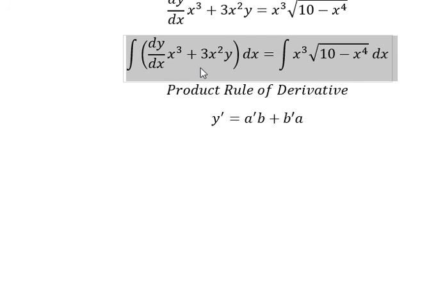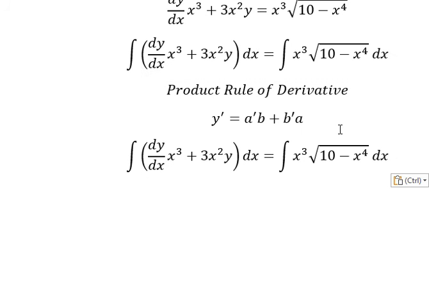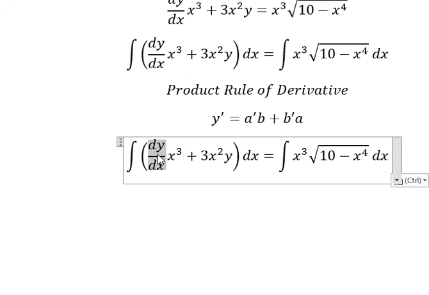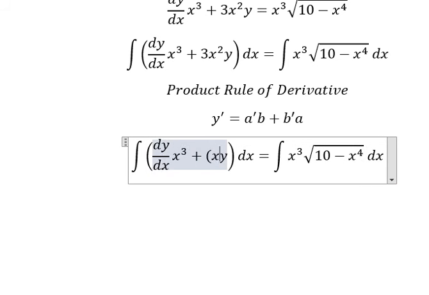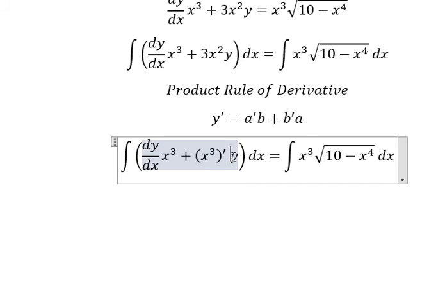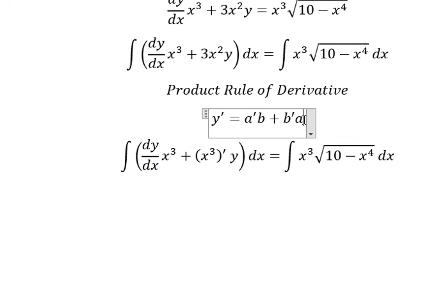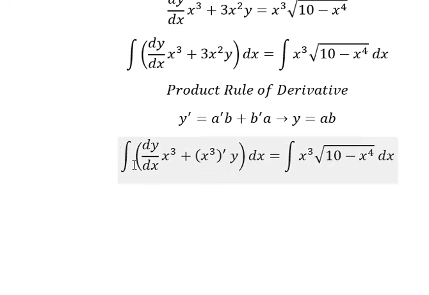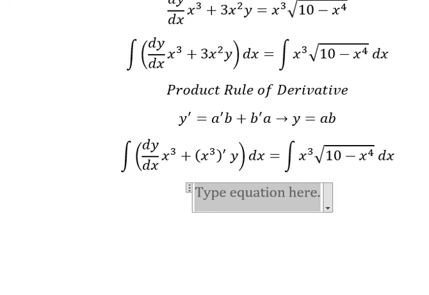So if we look carefully at this one, we see that the first derivative of a multiplied by b plus the first derivative of b multiplied by a. So the integration of this one, we have y equals ab. So the integration of that one, we have y s to the power of 3.